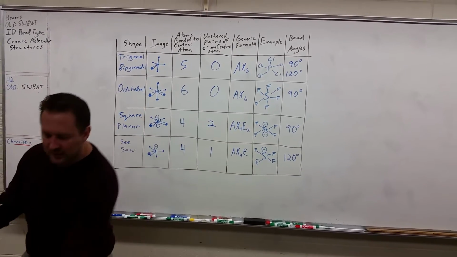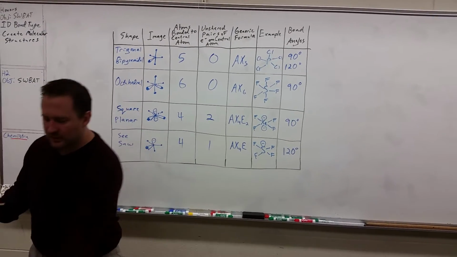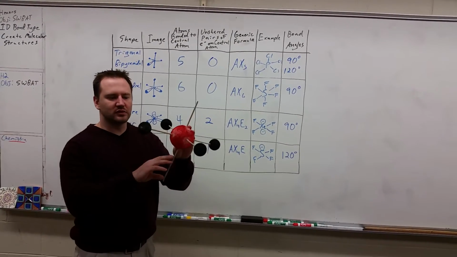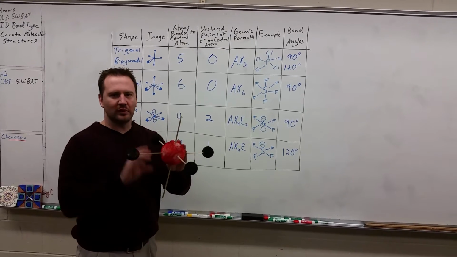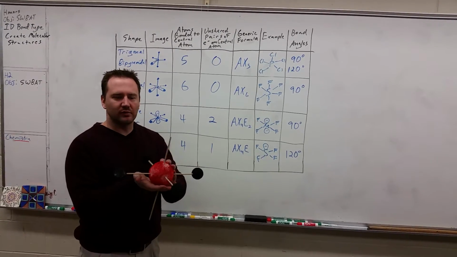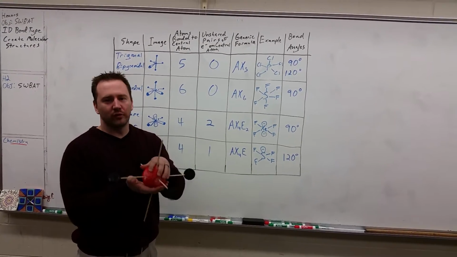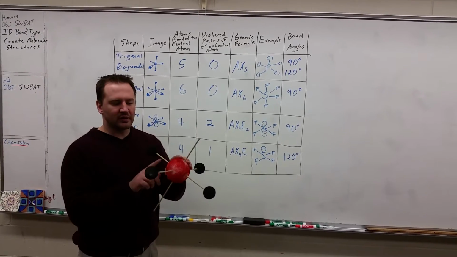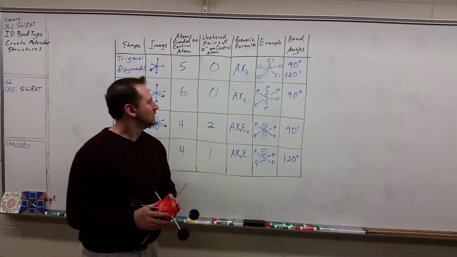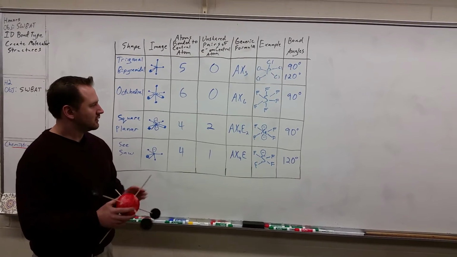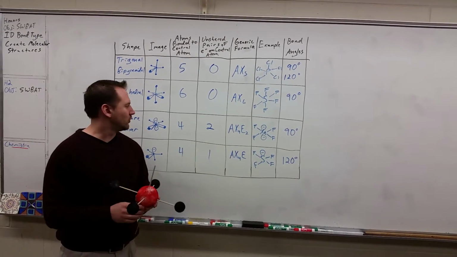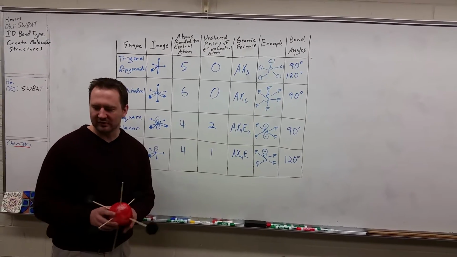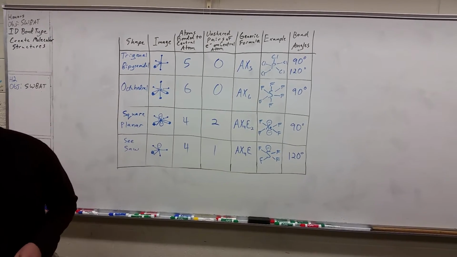You end up with a flat molecule as a result of the 2 unshared pairs, one on top, one on bottom, forcing the other atoms into a flat plane instead of forming a tetrahedral shape. The bond angles here would all be 90 degrees, and the generic formula for this would be AX4E2, with 4 atoms bonded to the central atom and 2 unshared pairs.